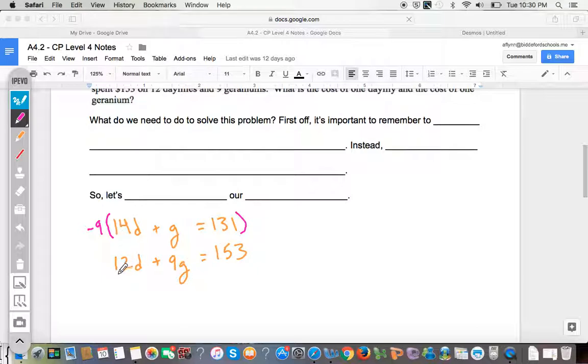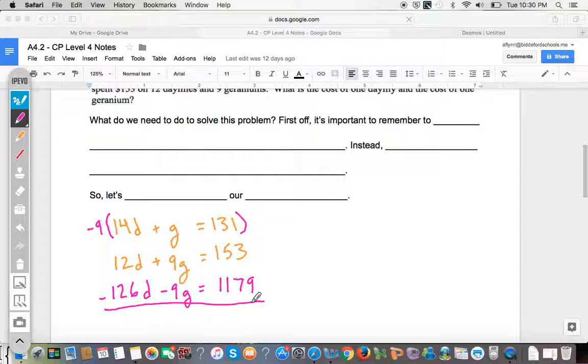So when I bring that down, I have -9 times 14 is negative 126D minus 9G equals -9 times 131, which is 1,179. Okay, so now I'll combine these.